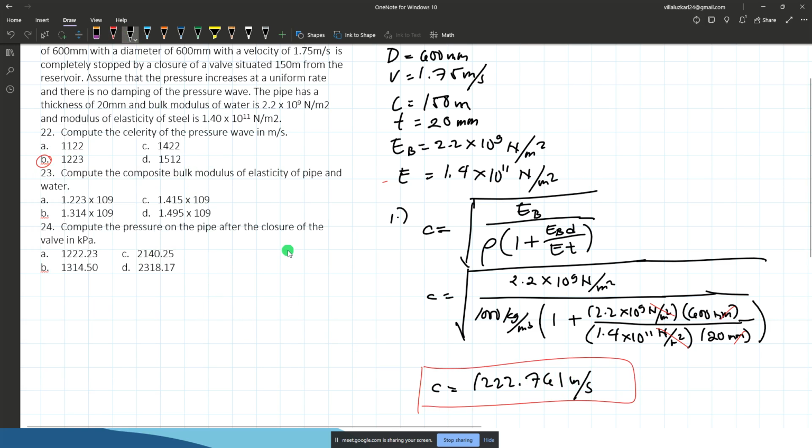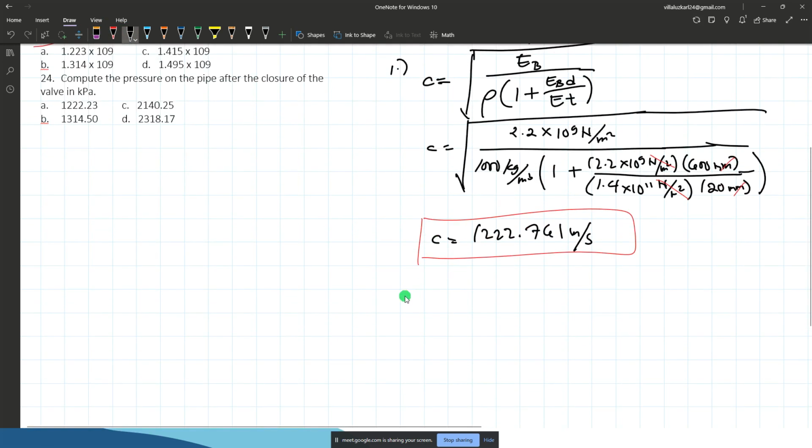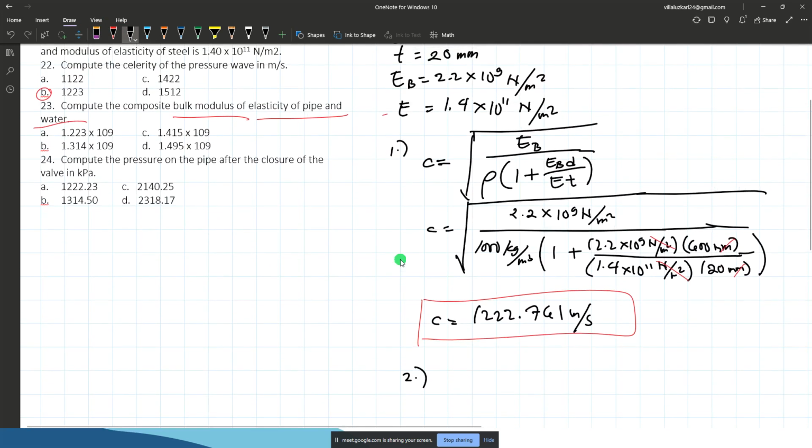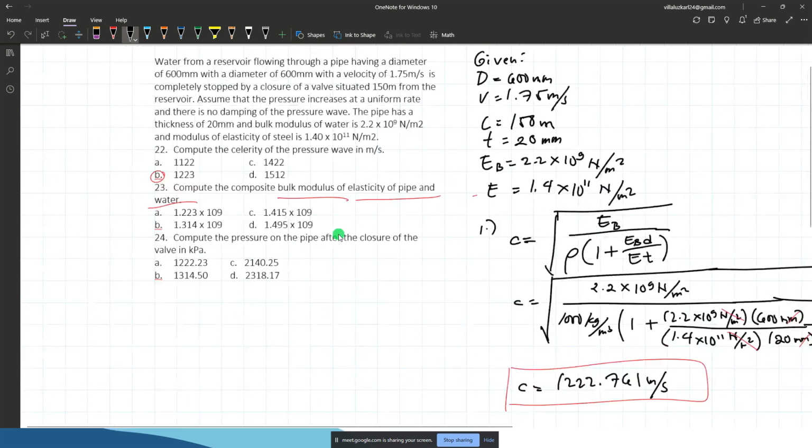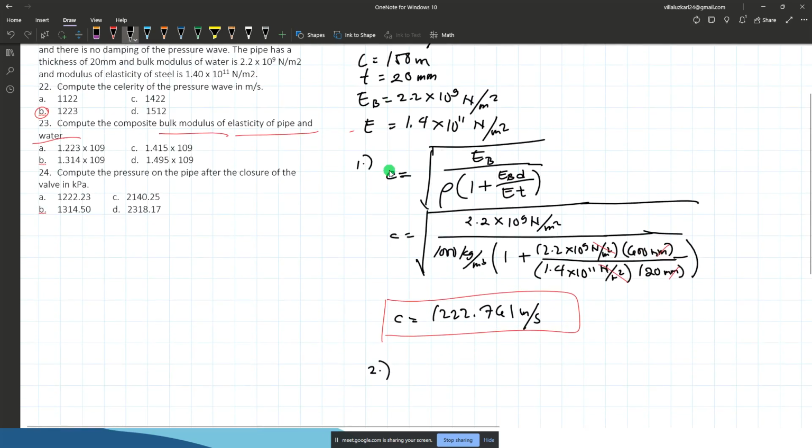Second question, what will be the composite bulk modulus of elasticity of pipe and water? In this kind of question, it means the equivalent bulk modulus of elasticity of pipe and water, which we can compute by simply considering it as a rigid type of pipe.